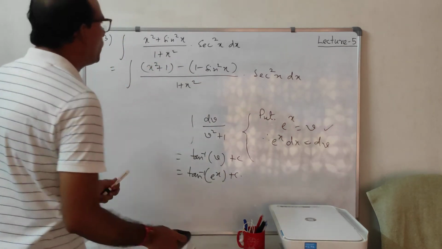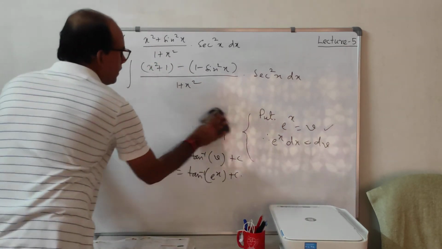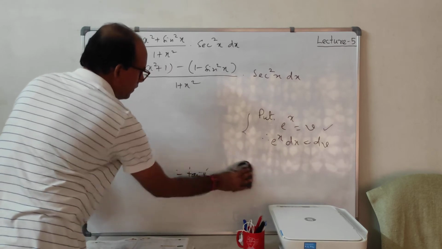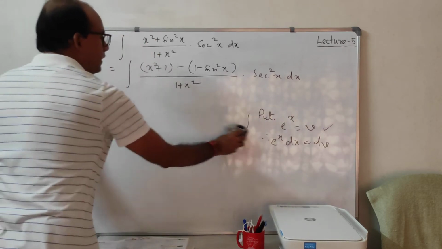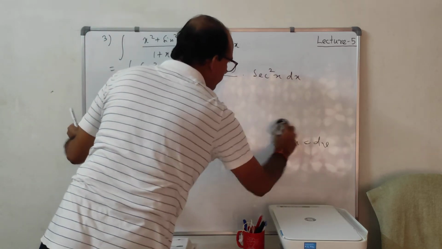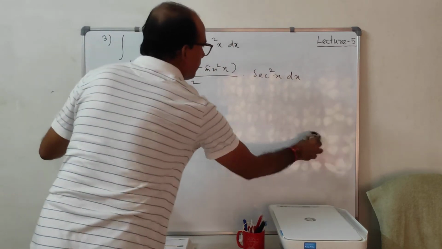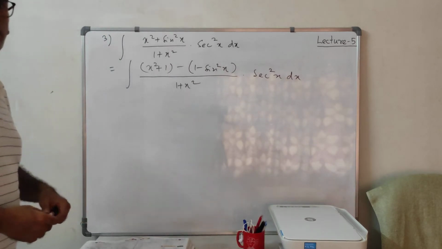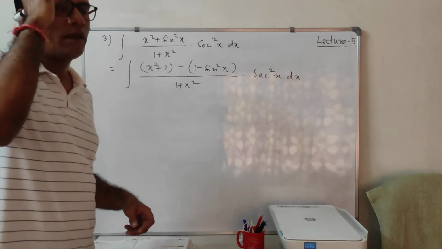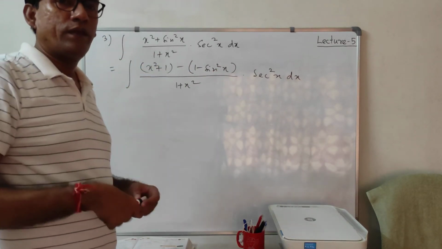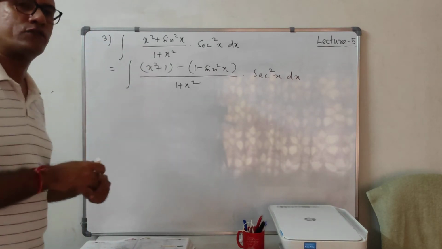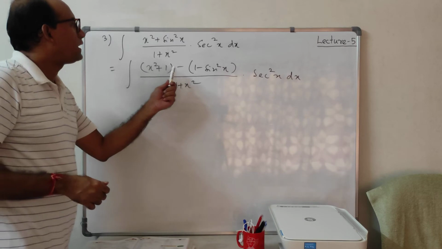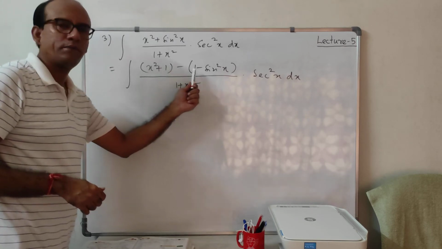You have to maintain the balance. You cannot introduce any new thing in a given problem in this type of integrals. Always, if you bring something new, you have to adjust that also. Here I adjust plus 1 by minus 1.